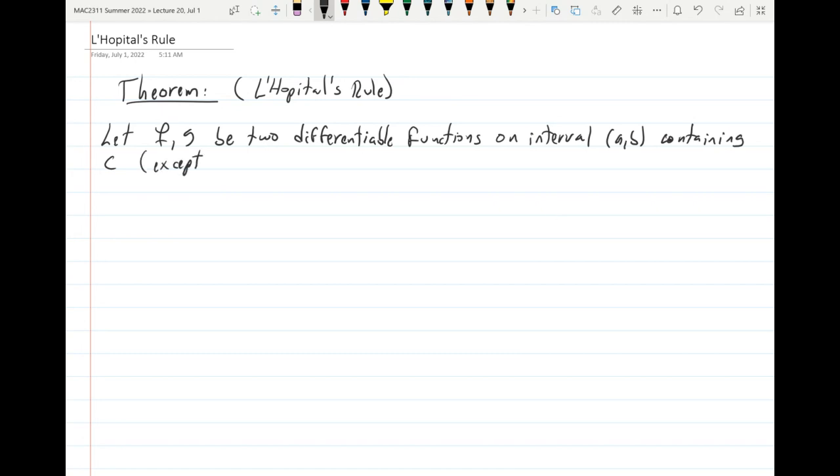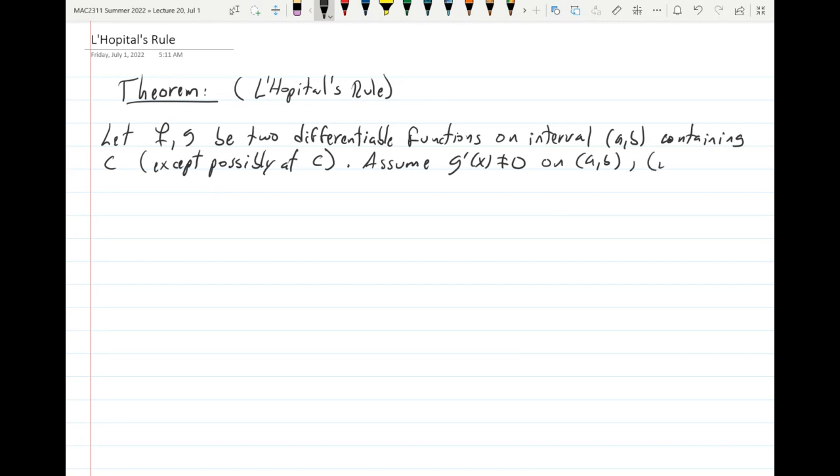In other words, they don't have to be differentiable at c themselves, except possibly at c. Also let's assume that the derivative of g is not equal to 0 on this open interval, except possibly at c.